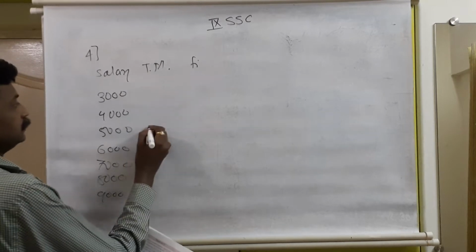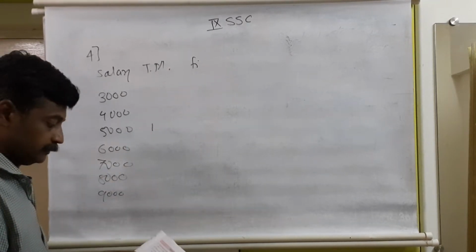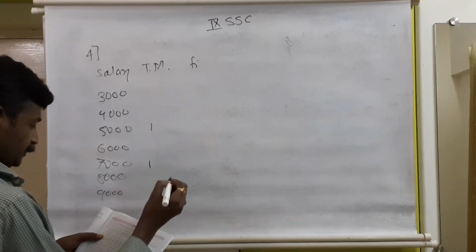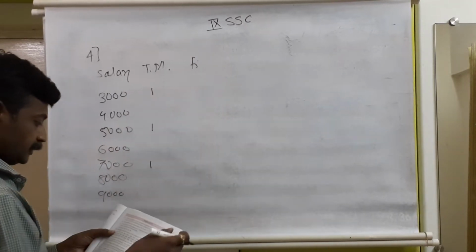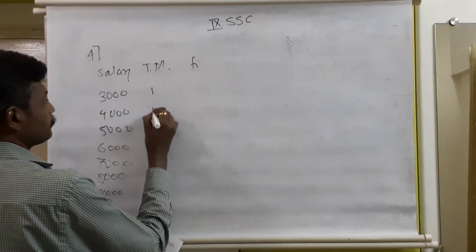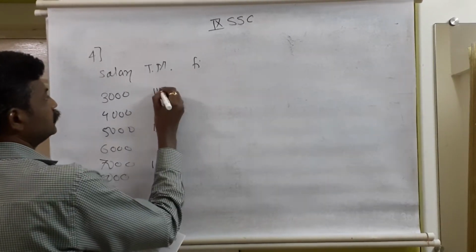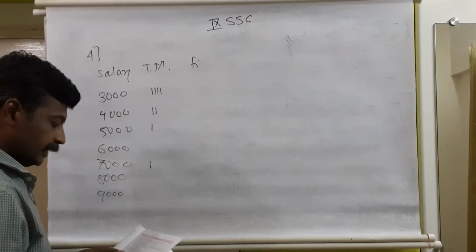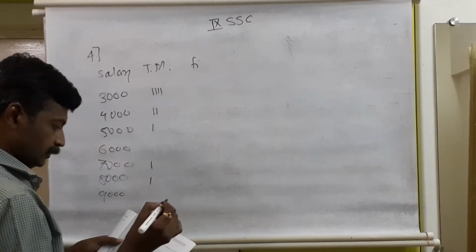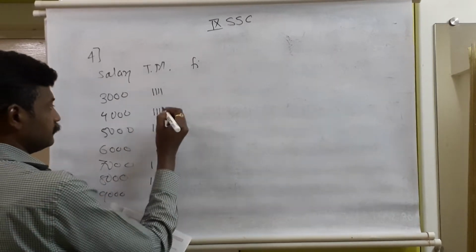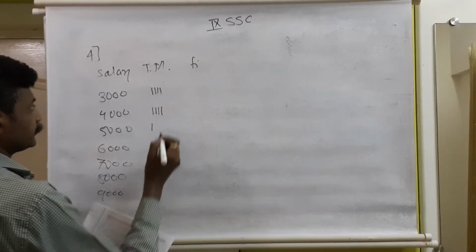First is 5000, one tally mark in 5000, then 7000, 3000, 4000 twice, 3000 three times, then 8000, 4000, again 4000, 9000, 3000.